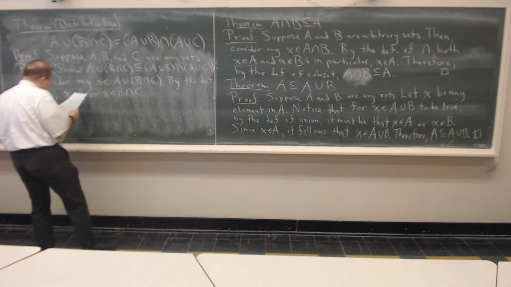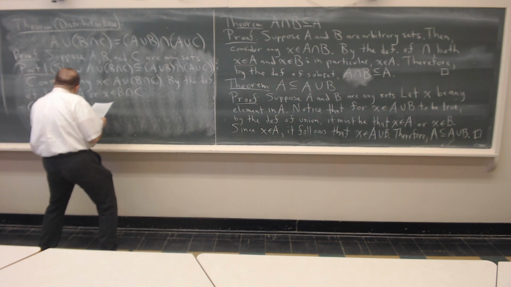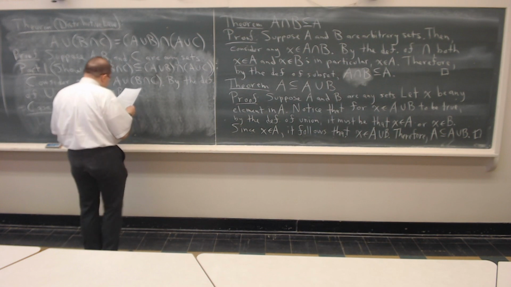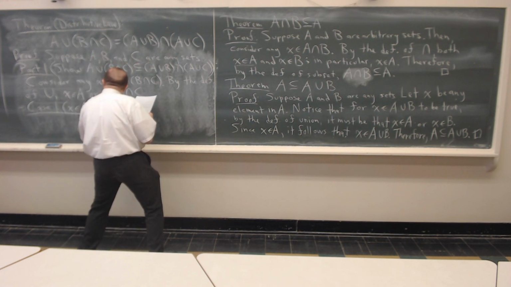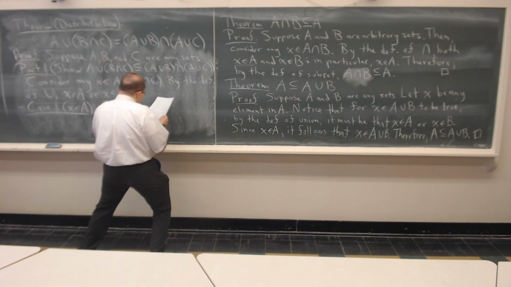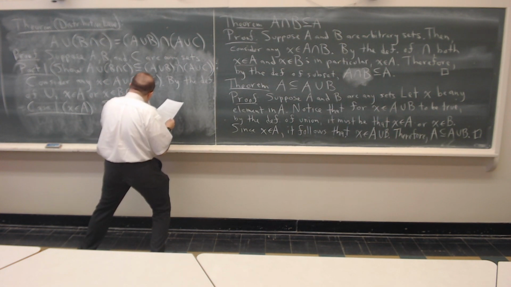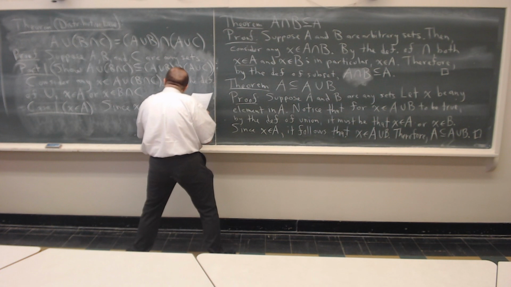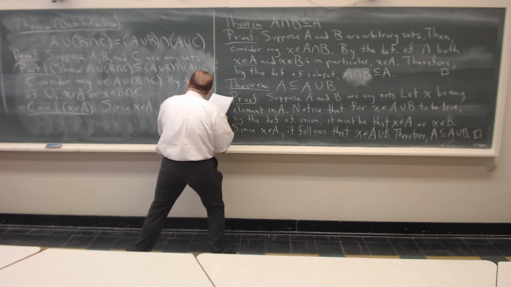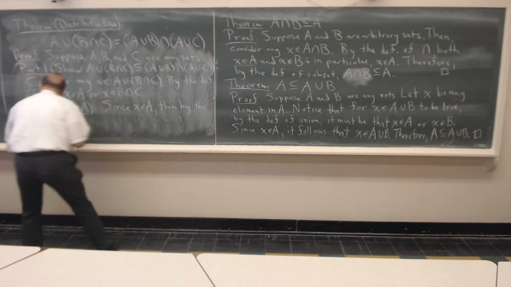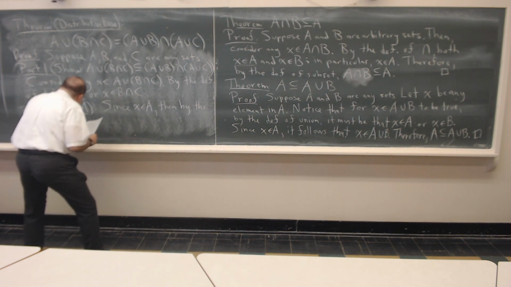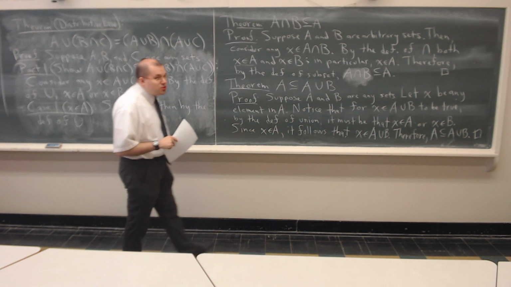Case 1. This is going to be when x is in A. Since x is in A, then by the definition of union, so remember whenever I write the symbols, you'll put the words down.